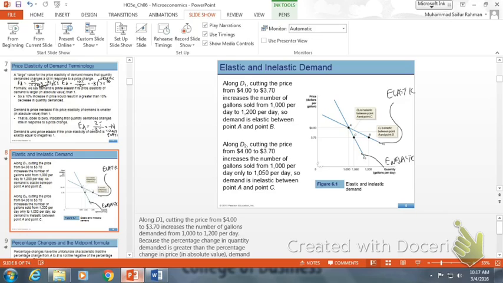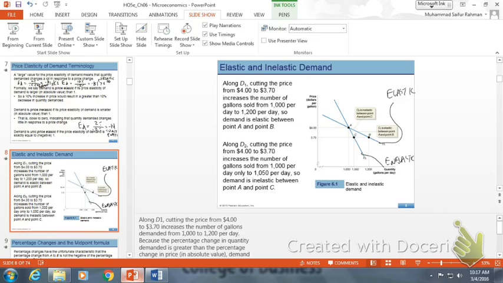In demand curve 2, percentage change in quantity demanded is 1200 minus 1050. I think I'm making a mistake. It's 1050 minus 1000 divided by 1000 times 100.